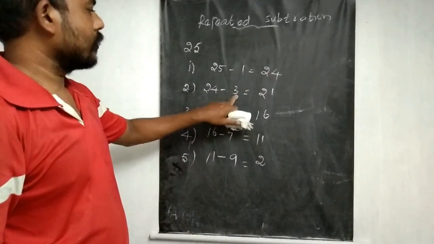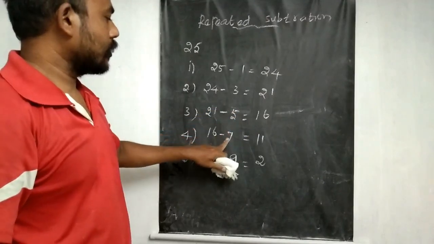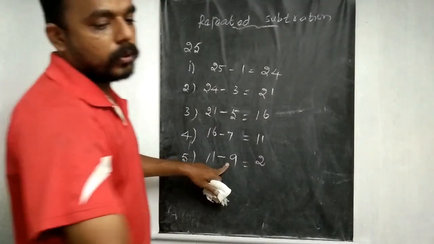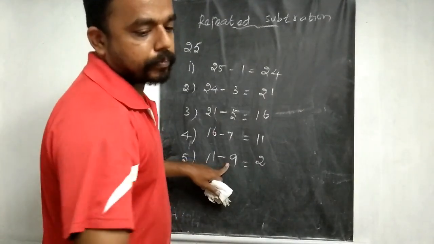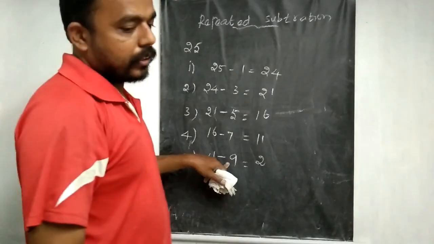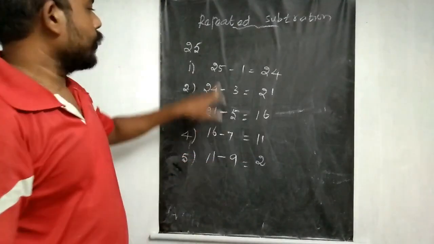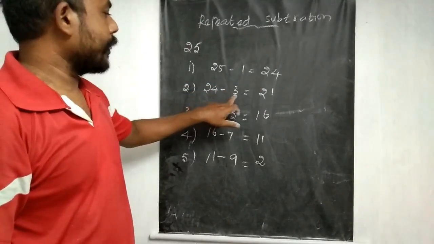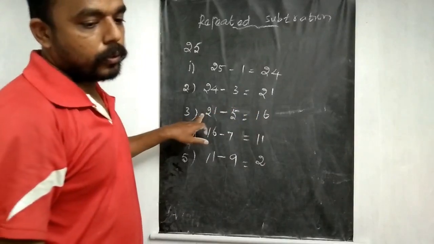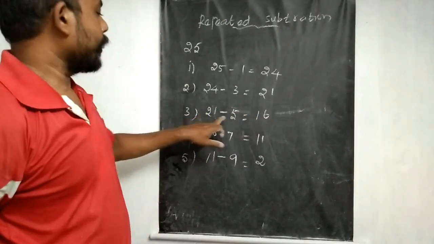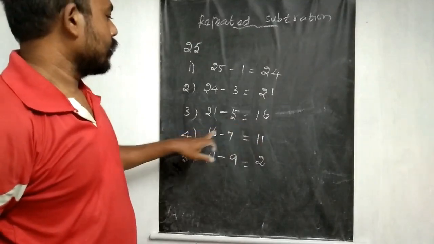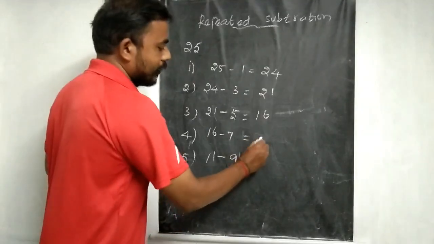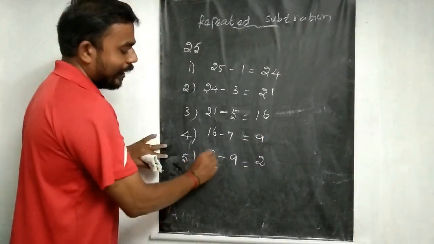So we subtracted 1, 3, 5, 7, 9. So what are the possibilities here? 25 minus 1, 24. 24 minus 3, 21. 21 minus 5, 16. 16 minus 7, 9. 9 minus 9, 0.